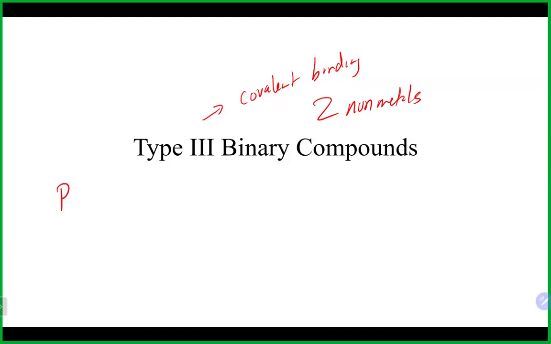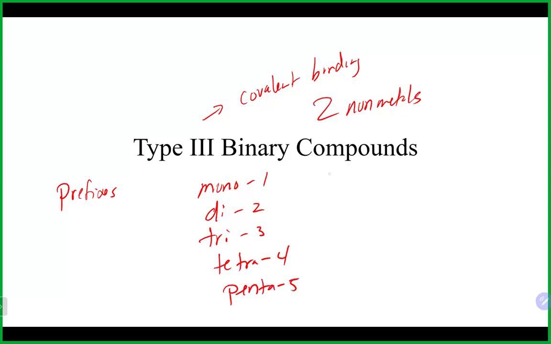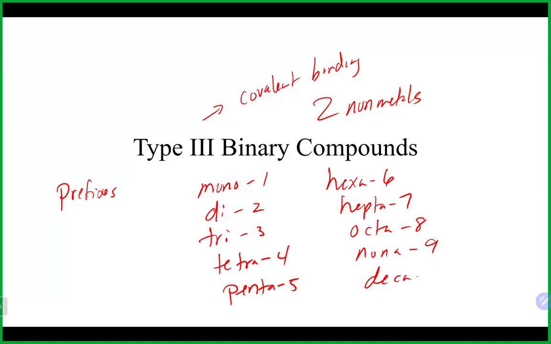So here's where we use prefixes, and the prefixes we use: mono for 1, di for 2, tri for 3, tetra for 4, penta for 5, hexa for 6, hepta for 7, octa for 8, nona for 9, and deca for 10. There we go. So these are the prefixes that we use.